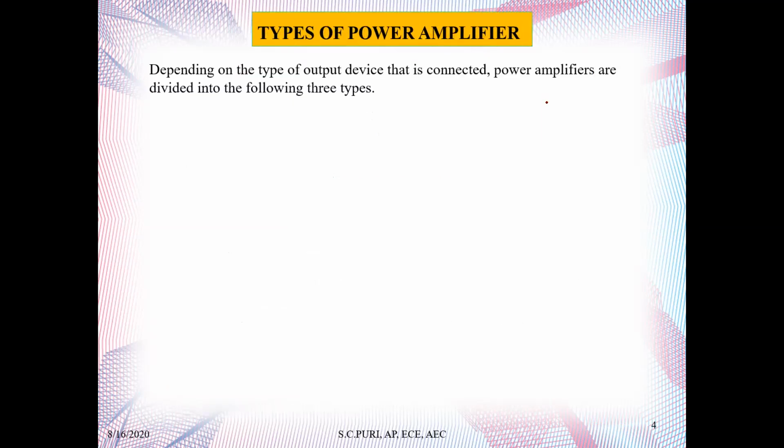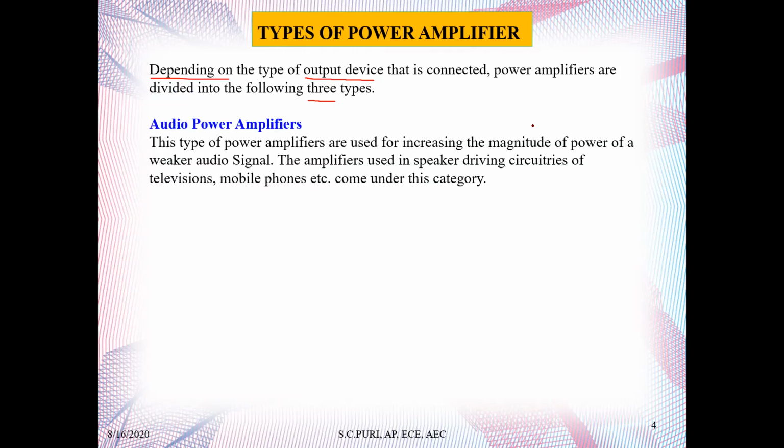So now the types of power amplifier. Depending on the type of output device that is connected, power amplifiers are divided into the following three types. Audio power amplifier: this type of power amplifier is used for increasing the magnitude of power of a weaker audio signal.